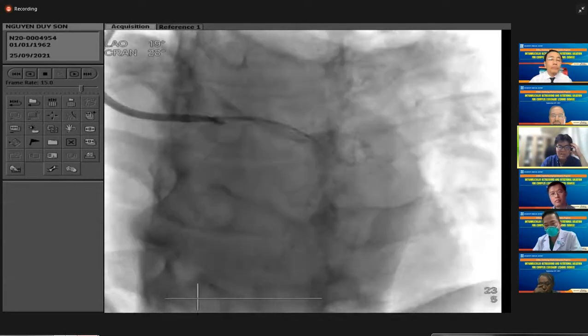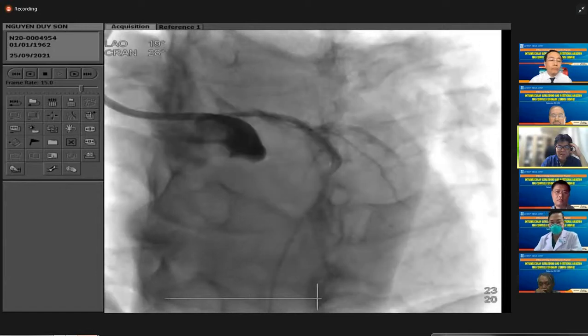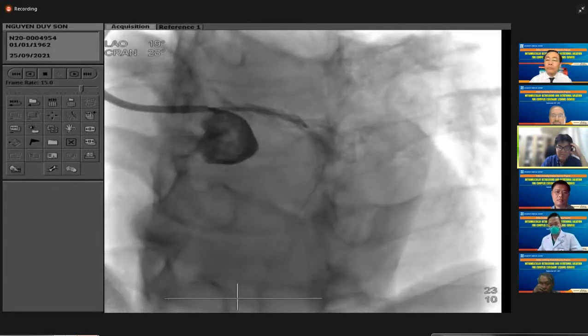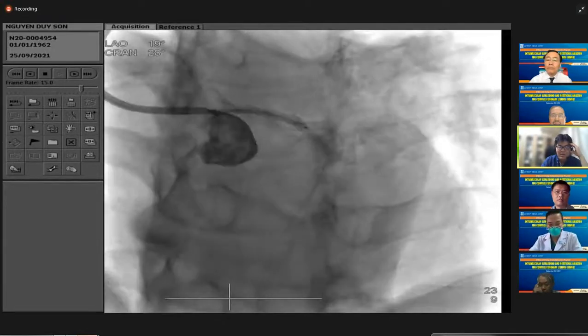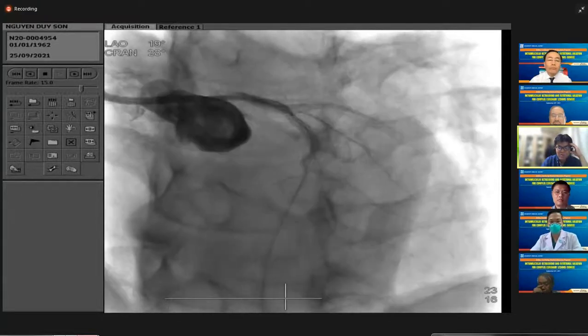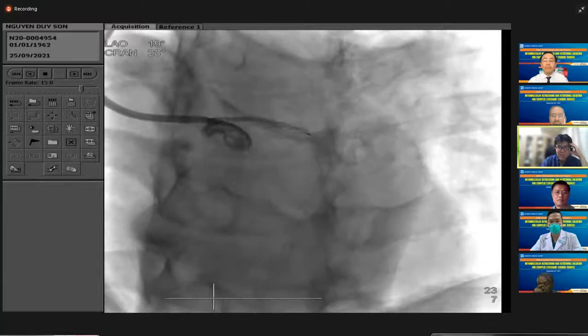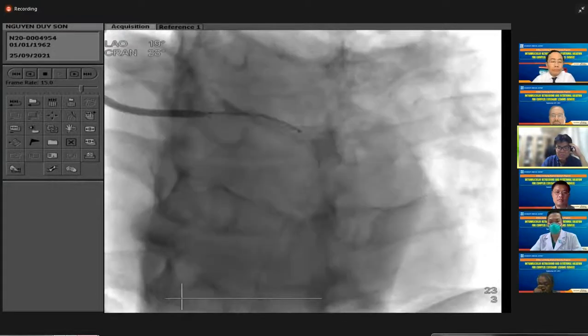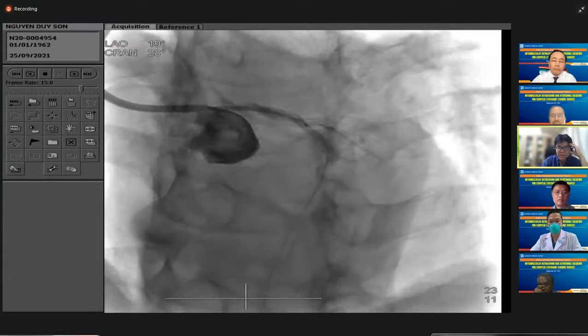From this view, the IVUS marking is so important to identify the left main ostium. Did you perform the IVUS marking of the ostium of left main?